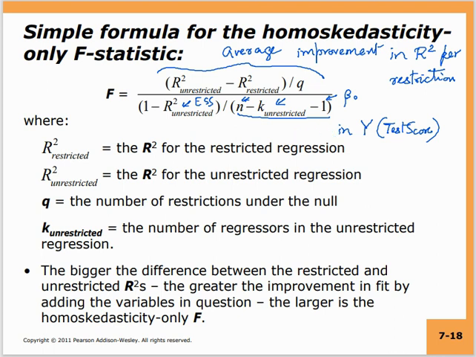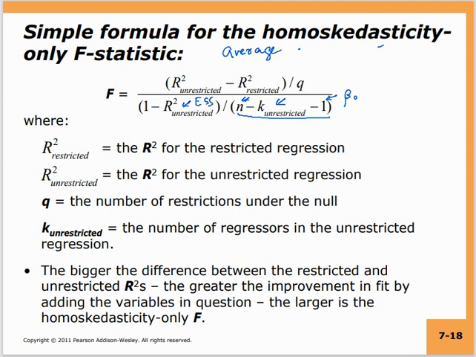So in some sense you are comparing two squared values. In the numerator you have a squared value, the improvement in explanation of variance, and in the denominator you also have a variance, the unexplained variance. When you have a ratio of two quantities which are both variances, you compare one variance with another, then you use the F distribution.